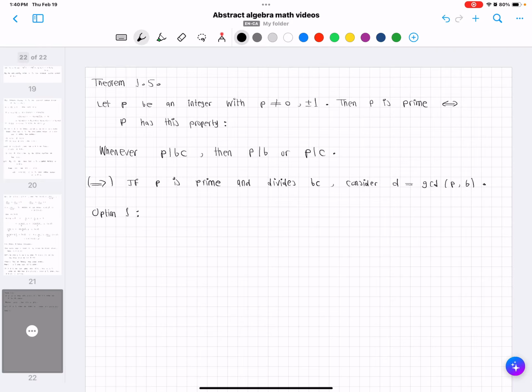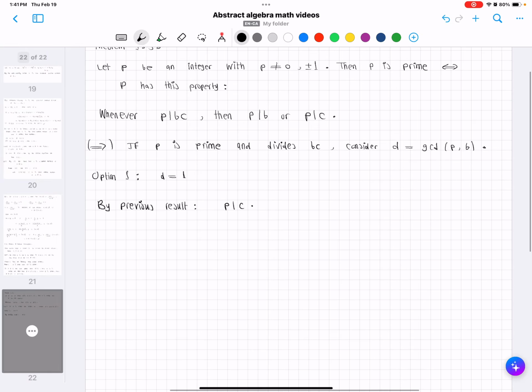So if D is equal to 1, then by the previous corollary that we proved before, we have that P divides C. Option 2: D is equal to P, and then P divides B, and we're done.